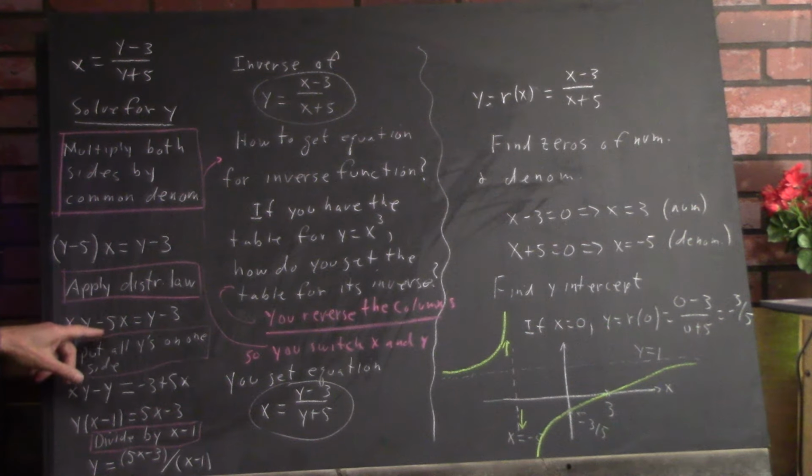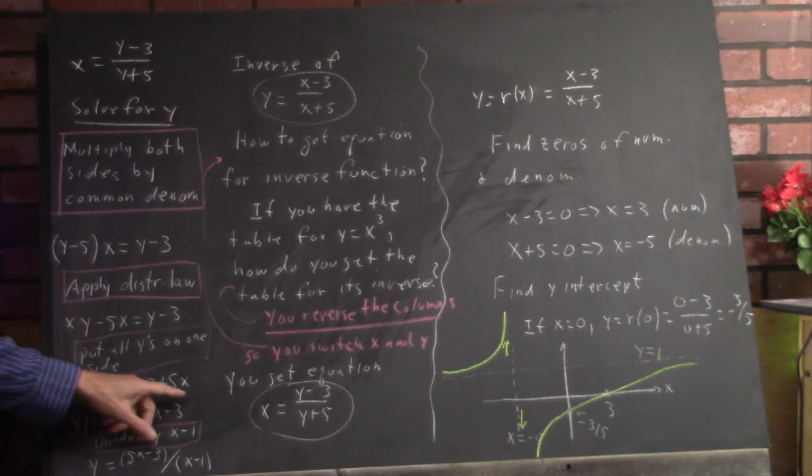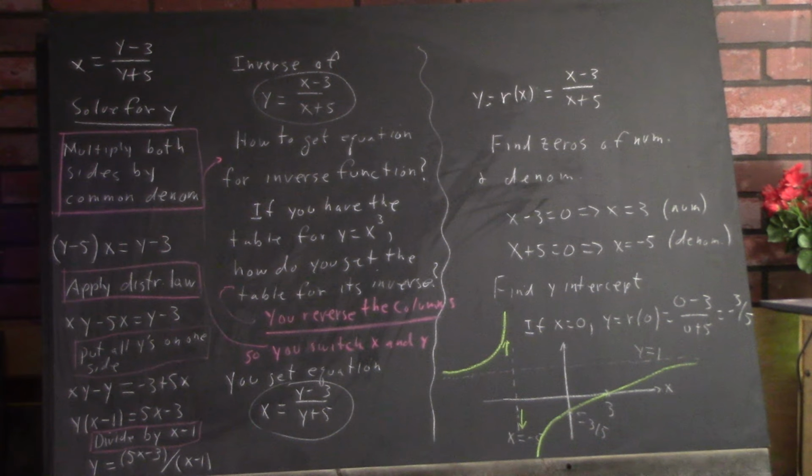And then I went ahead and added the 5x to both sides. That puts the equation into this form. And in this form, we're going to factor. We're going to factor y out. We get y times quantity x minus 1 equals 5x minus 3. So now we can divide both sides by the x minus 1 and we'll get y. And we get y equals 5x minus 3 over x minus 1.